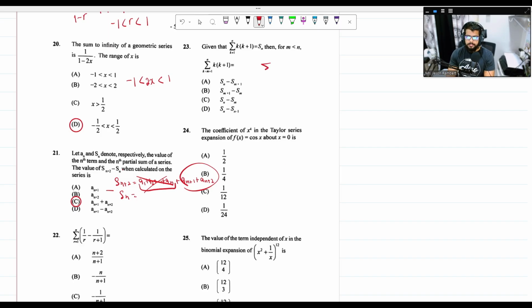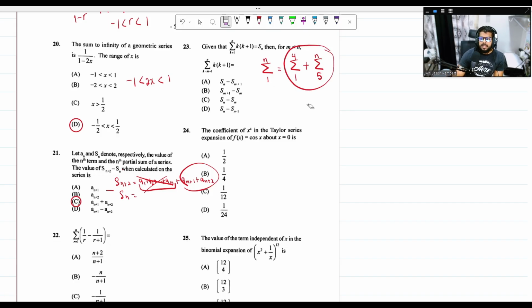If I have the sum of a series and I start at 1, and let me say we end at n, I can break this up as the sum starting at 1 ending at, let me say, 4, plus the sum starting at 5 and ending at n. So when I combine these two here, I'll have the first 4 terms here, and then I'll have from the 5th term to the nth term. So I'm going to change around these things, right?